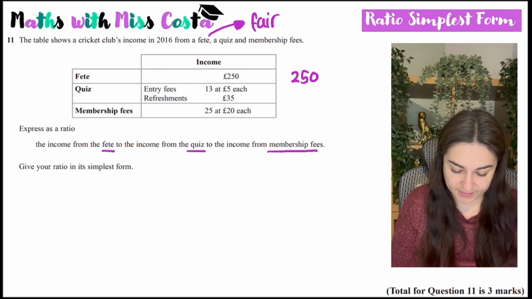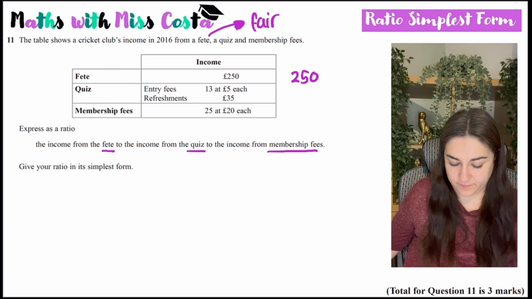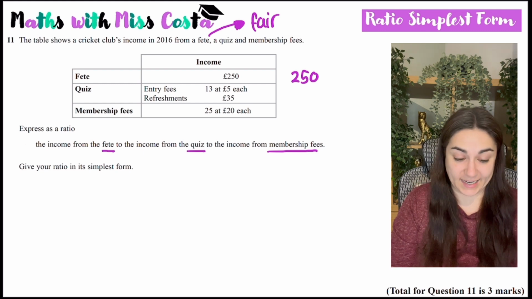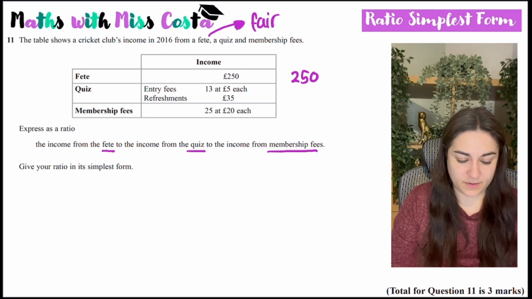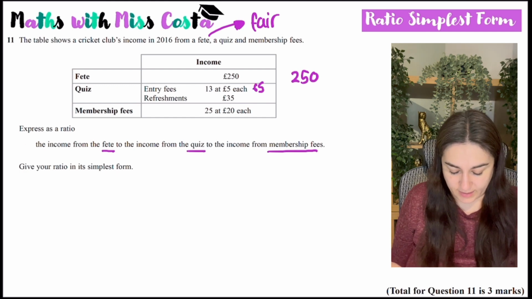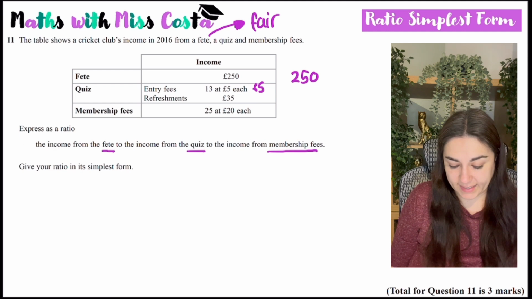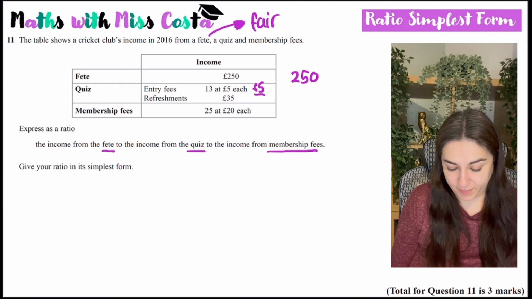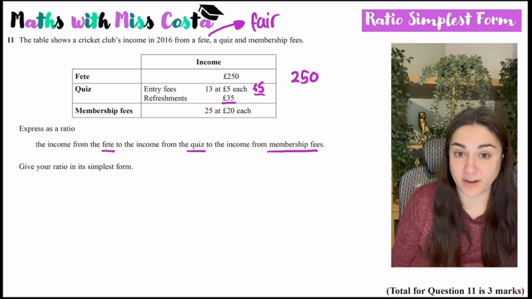The entry fees were 13 people came at £5 each. So I'm going to have to do 13 times 5, which is 65. So for the quiz, they made £65 from the entry fees plus £35 from the refreshments.